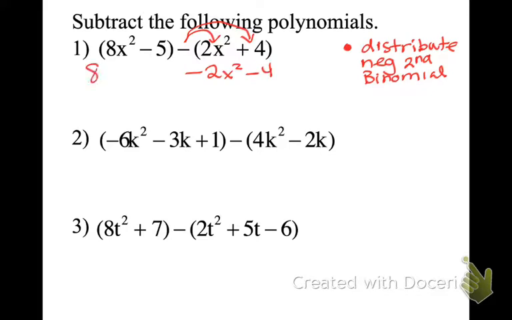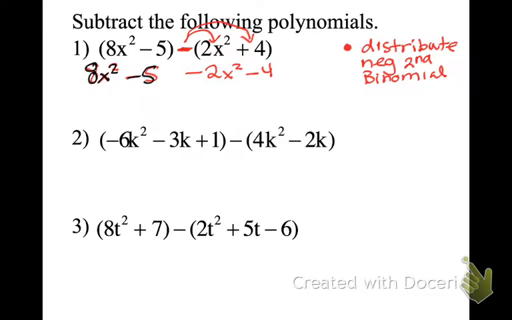And I've got my 8x to the second minus 5. So I just write the original problem down, which was the 8x squared minus 5. I just bring that down. The only thing I've distributed is that negative in between.